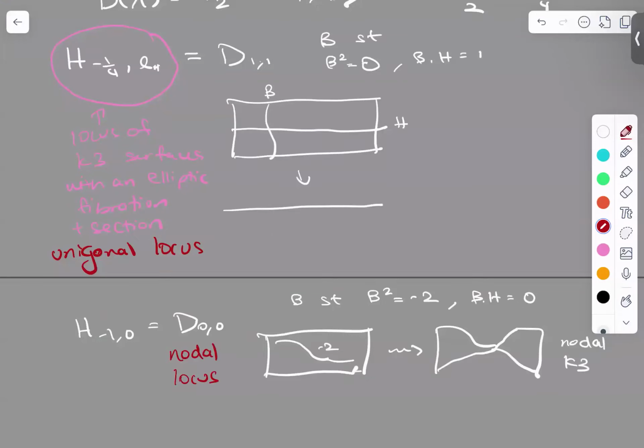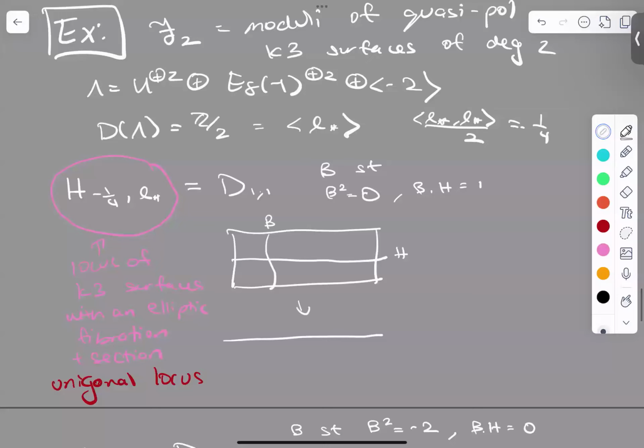So, may I ask a question? Yes. I think these examples are supposed to be in the case of degree 2 on H. These are degree 2 covers of the plane, if I'm not mistaken. Correct, exactly. So what is the interpretation of these special divisors in terms of that double cover of the plane? That's a little more complicated.